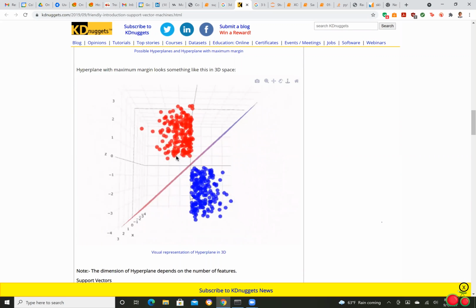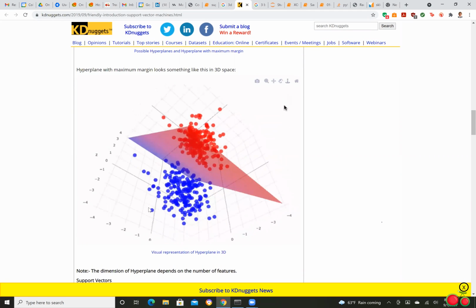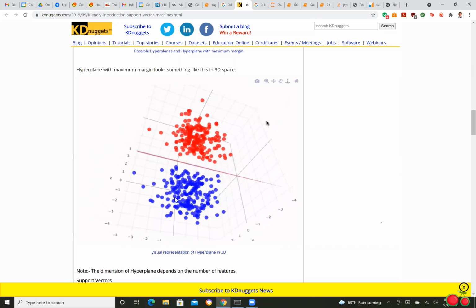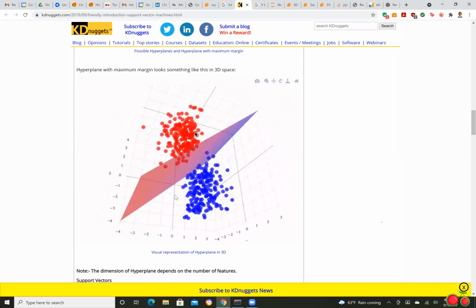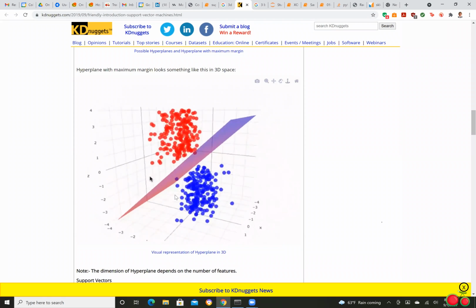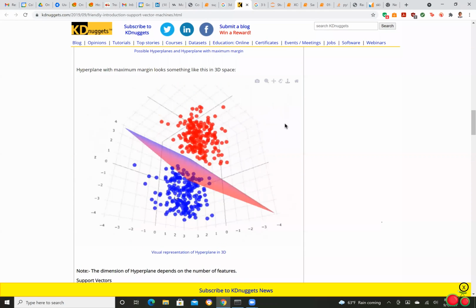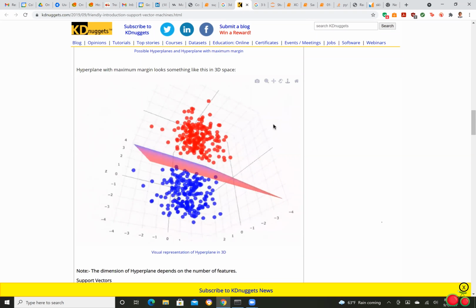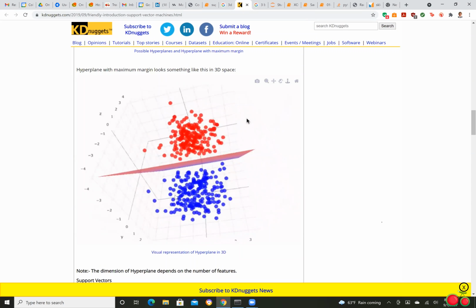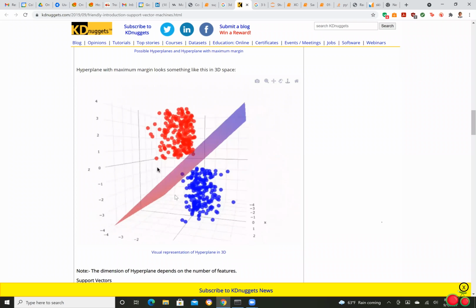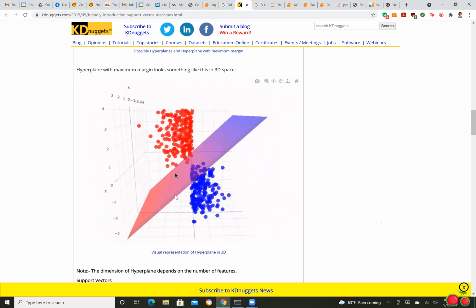What would happen in the case of regression? Instead of these colored points, you will have a single set of points, because there you're not trying to group data into multiple buckets. There you're trying to fit a line that best describes or cuts through the points in such a way that it minimizes the error.